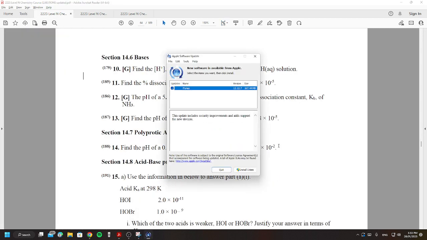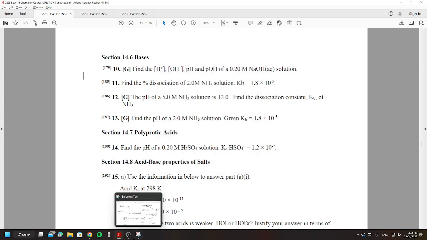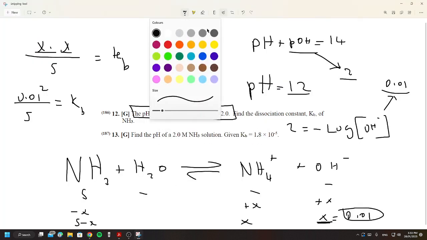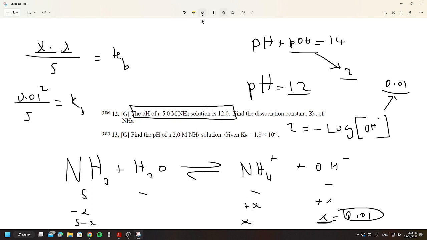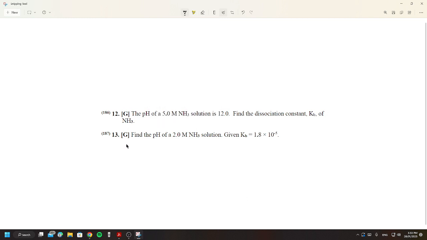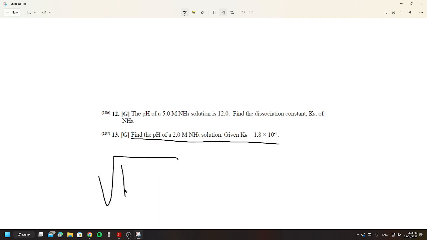Okay, 13. What is this? Okay, so find the pH of a 2 molar NH3 solution given Kb is that. So this is, we can just apply radical KBC.